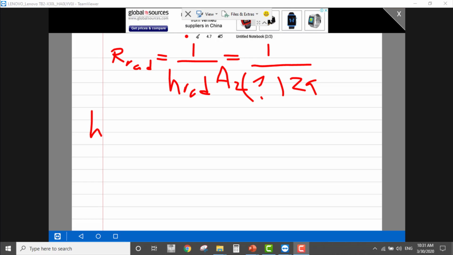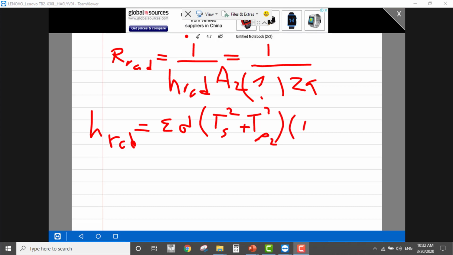So from the definition of H radiation, this is equal to epsilon multiplied by sigma multiplied by (T surface squared plus T infinity 2 squared) multiplied by (T surface plus T infinity 2).